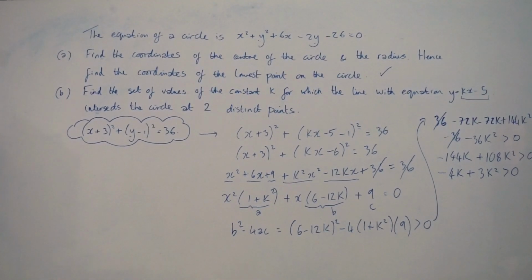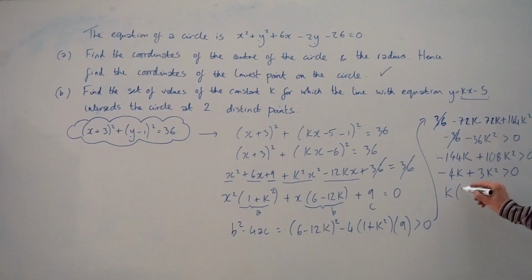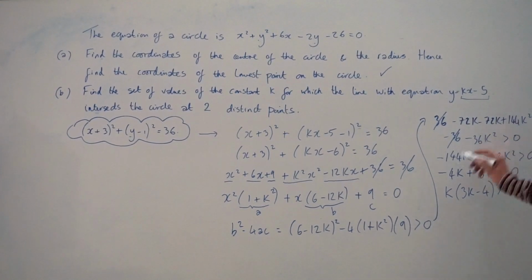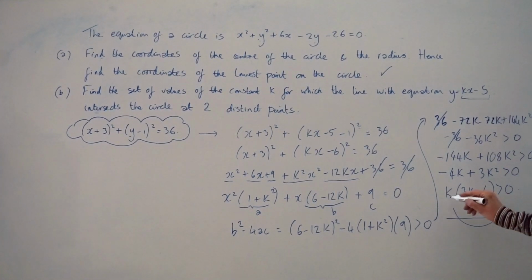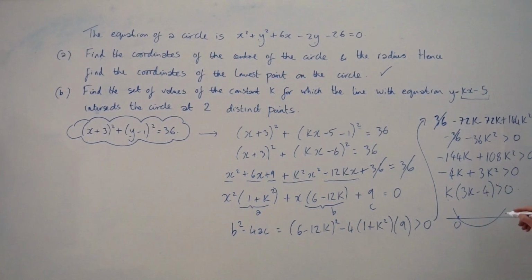So what you can do from here is you can factor out the value of k. So inside the brackets you would have 3k minus 4. Okay, so if you did a sketch of this quadratic, it would intersect the x-axis at either 0 or positive 4/3.